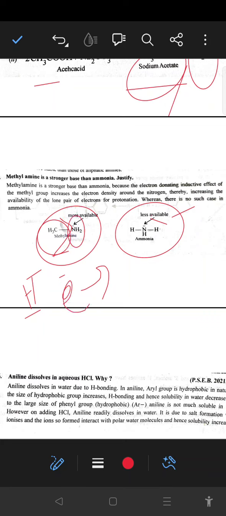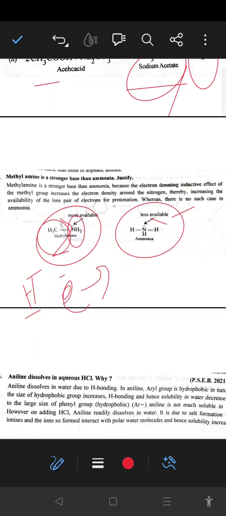With increased electron density, more of the electron pair is available on the nitrogen atom, so it will act as a stronger base or Lewis base. In the ammonia molecule, a lesser number of electron pairs are available, but with the attachment of an alkyl group, more electron density is present at the nitrogen atom, and hence it is a stronger base.